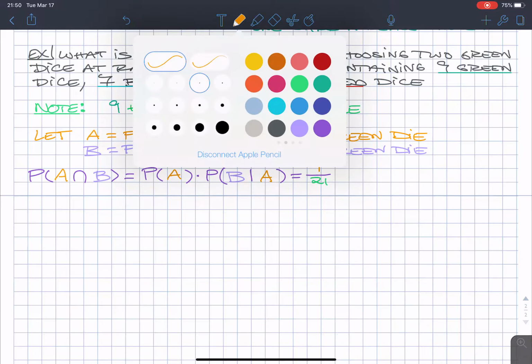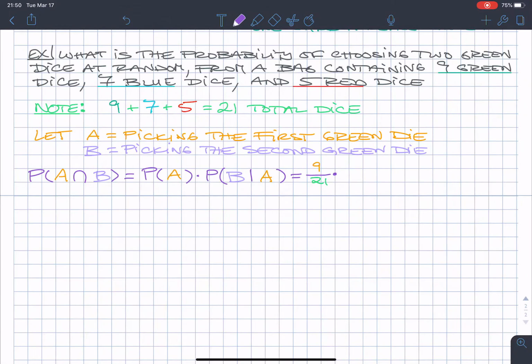But now let's calculate the probability of B, given that A has already occurred. So if I've already chosen one die, then there's only 20 dice remaining. And if I've already chosen one green die, do you agree that there's 8 green dice remaining instead of 9? Because my first choice was the first green die.